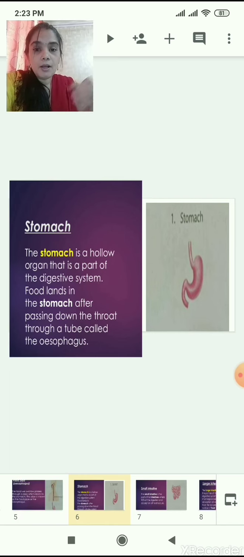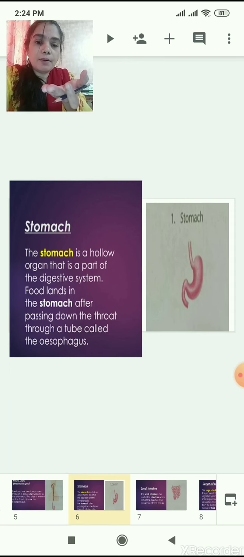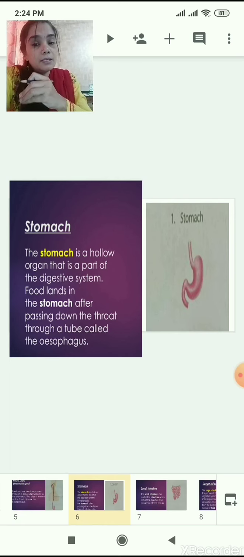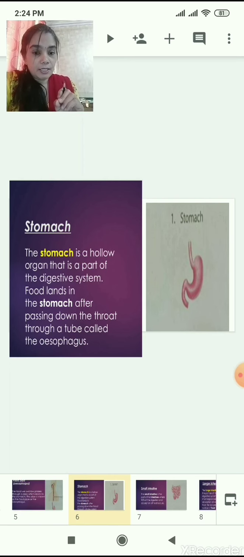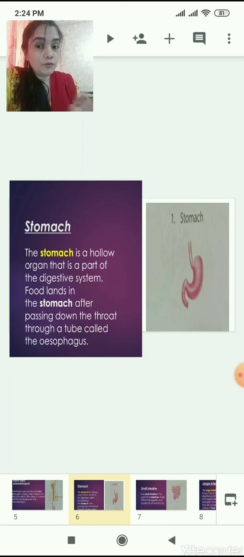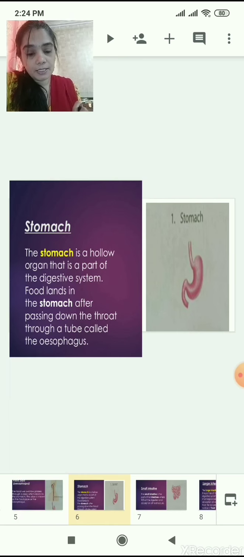When the stomach starts churning like a mixture, the churned particles become a thin paste, and then it enters the small intestine. Got it, children? Yes. Then again some digestion takes place in the small intestine.